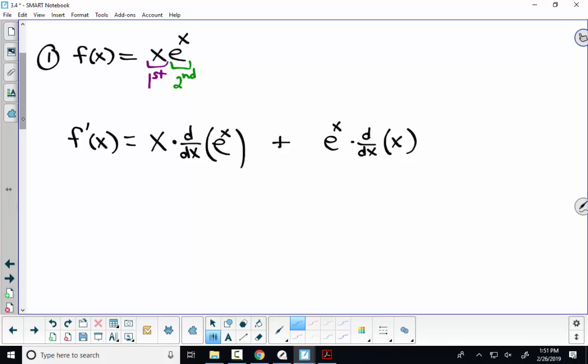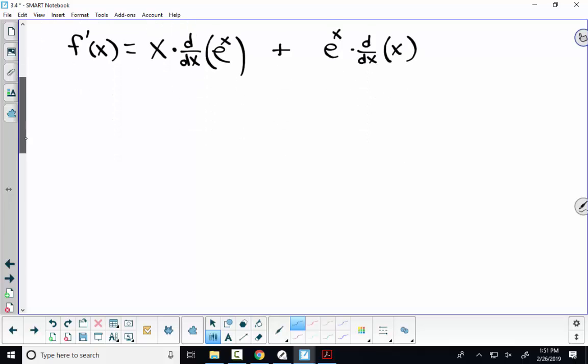All right, is everyone okay with that? We've just explicitly stated the product rule with these two functions: first times the derivative of the second plus the second times the derivative of the first, yeah? But we wouldn't want to say that's our derivative, right? Because we have other derivatives involved. So then off to the side, maybe somewhere down below, we would want to compute what is the derivative of e to the x, and then what's the derivative of x.